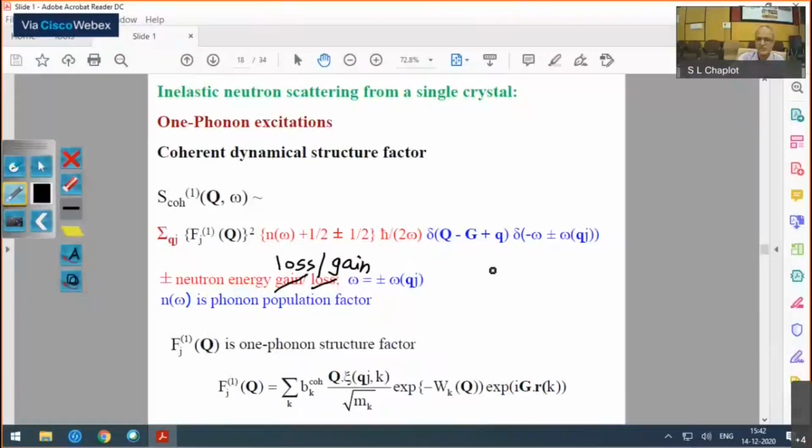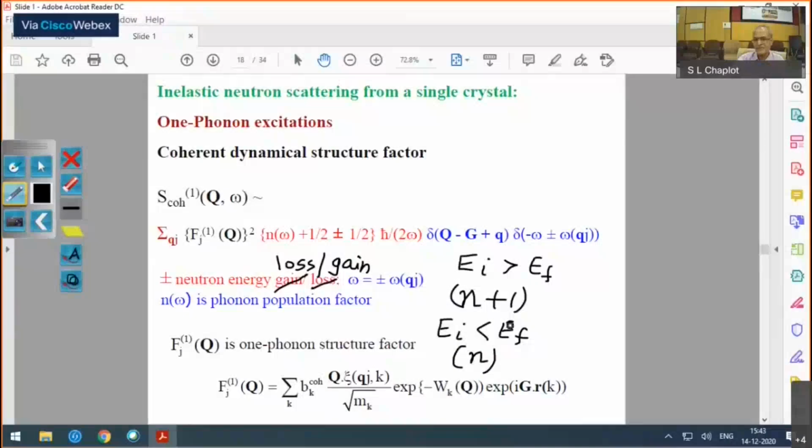Okay, so for neutron energy loss, when EI is greater than EF, then the intensity is proportional to n plus 1. For the other case, when EI is less than EF, that is energy gain, the intensity is proportional to n.